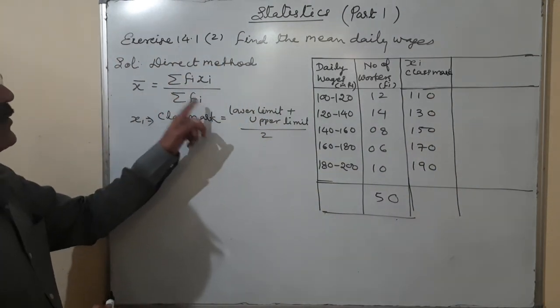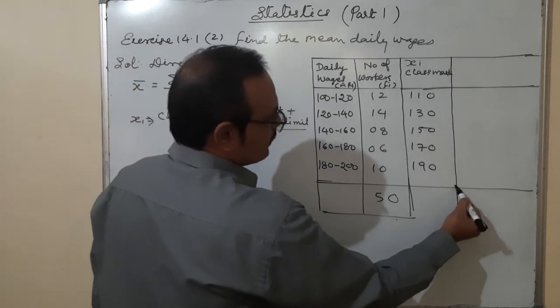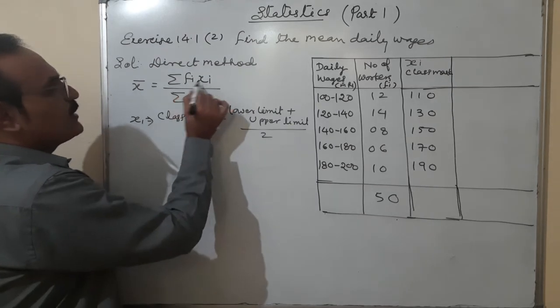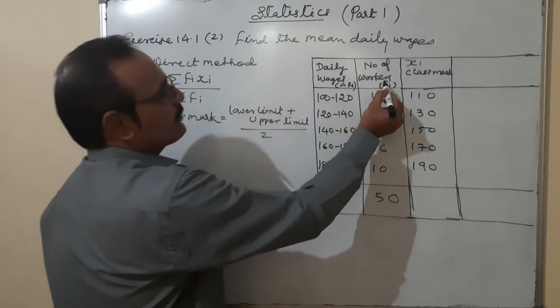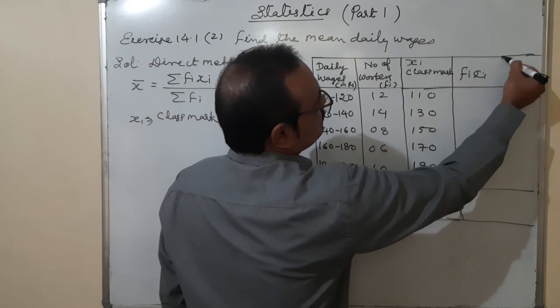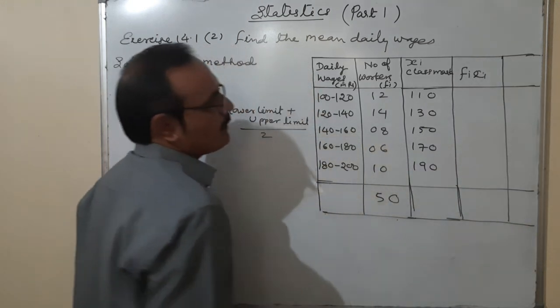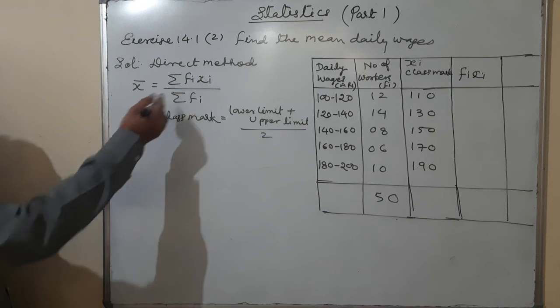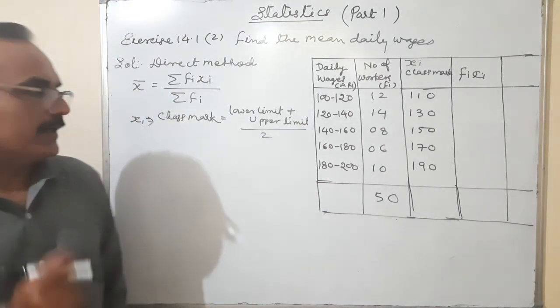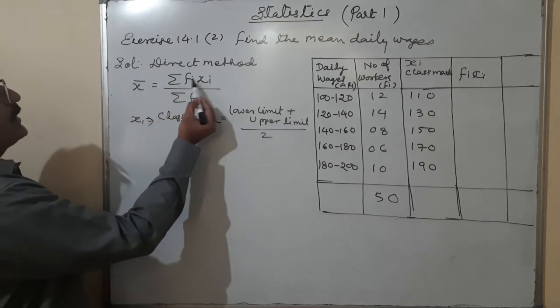Summation fi xi upon summation fi. Now one more column is required, which is fi multiplied by xi. So there is fi, xi, and fi xi. What is the meaning of this term?